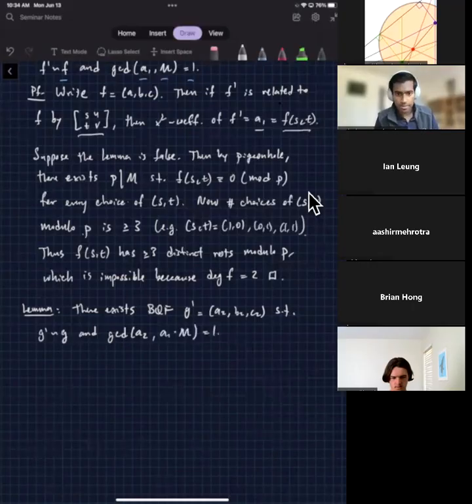And the proof of this lemma is exactly the same as the proof of the previous lemma, so I'll omit it. Why can't we just restrict?